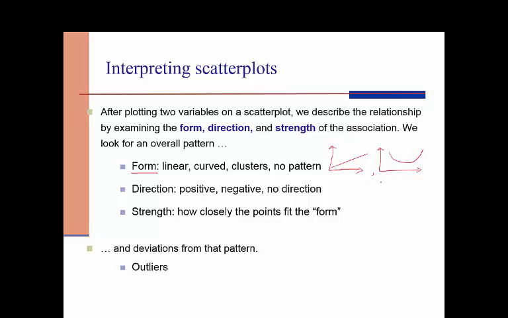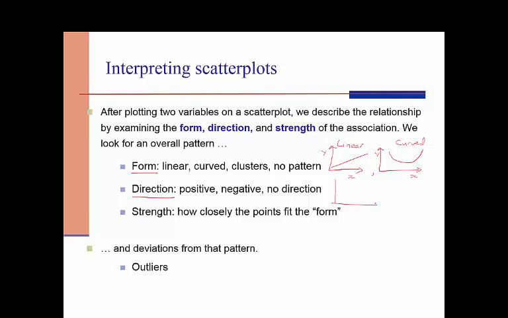Or you can have no pattern. This is a linear scatter plot in the first case. This is a curved, nonlinear scatter plot in the second case. All right, so we're going to describe a scatter plot looking at a relationship. We're going to see if there's a linear one or a curved, are there clusters there, or is there no pattern.